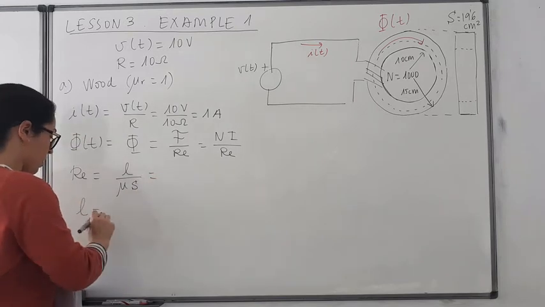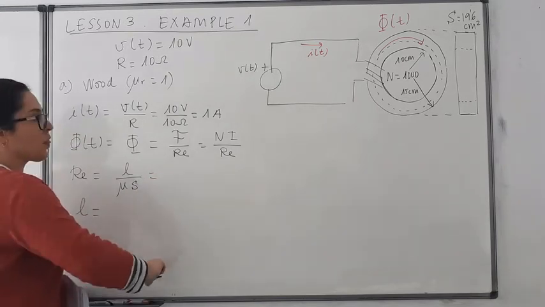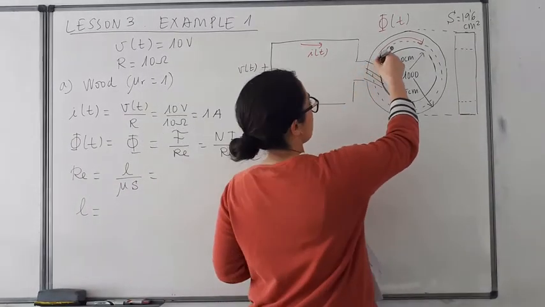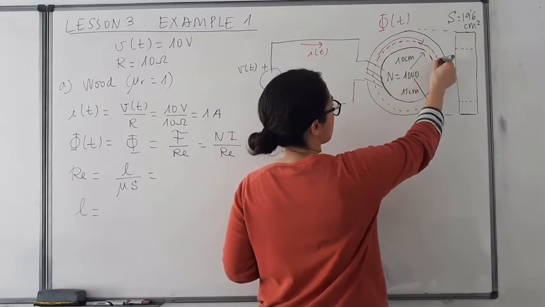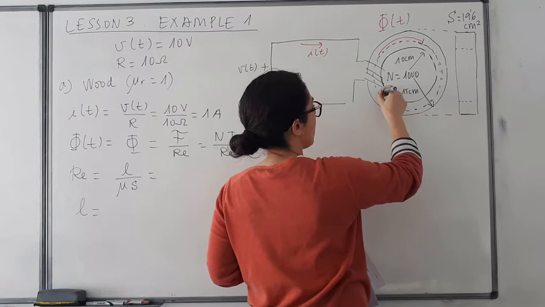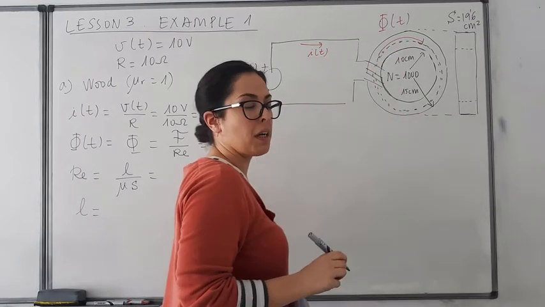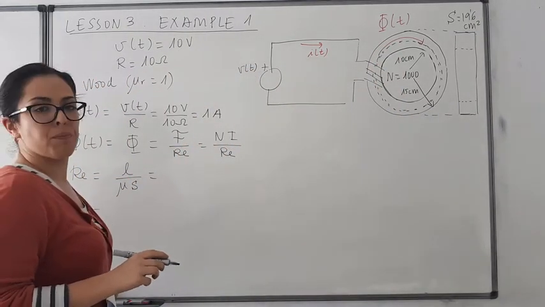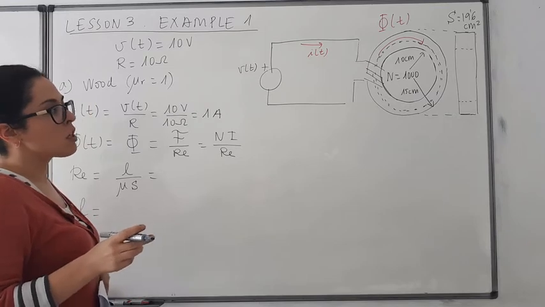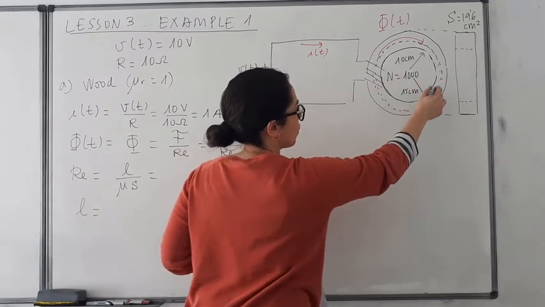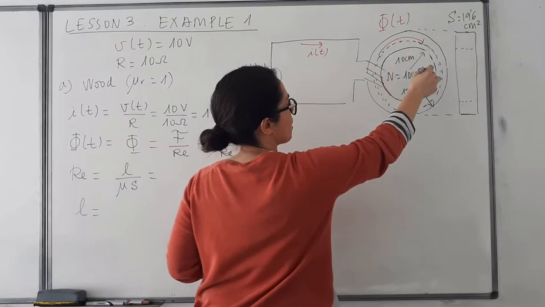So first we need to obtain the average length of the path which is conducting the magnetic flux. That average length is this one here, okay? As you can see, you have the average longitude, this circumference here.